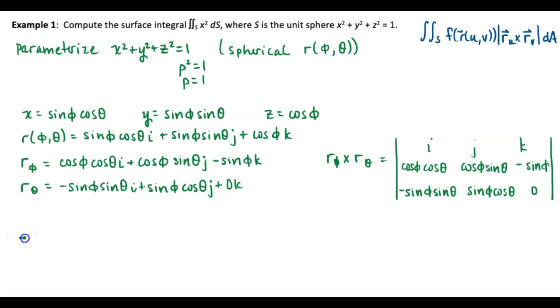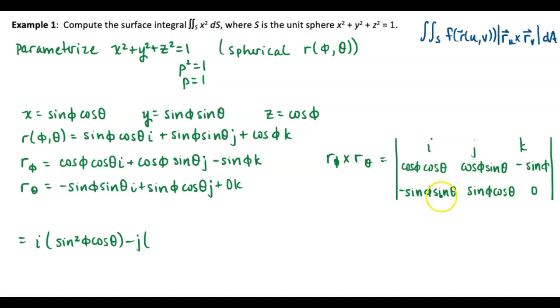And so this cross product is going to give us, well, our i term is going to be this times 0, which is 0, minus a negative, so plus sine of phi squared, cosine of theta, minus j times the quantity.